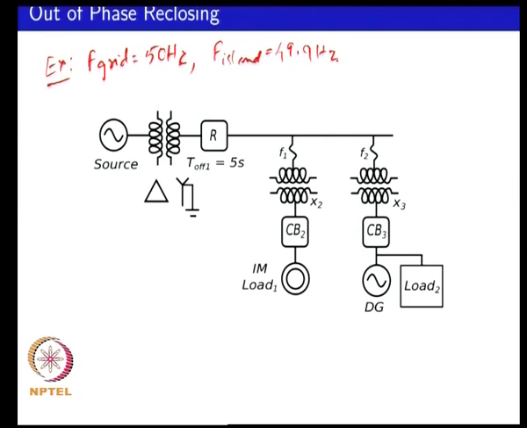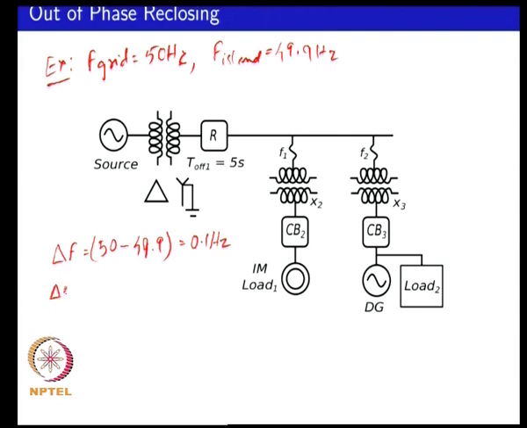So, we will look at what would be the phase of the voltage on the grid side and the phase of the voltage on the island when the recloser is reclosing. And to determine the phase of the voltage, you have your delta f, which is 0.1 hertz, and then you look at what is the phase shift that occurred in this duration.